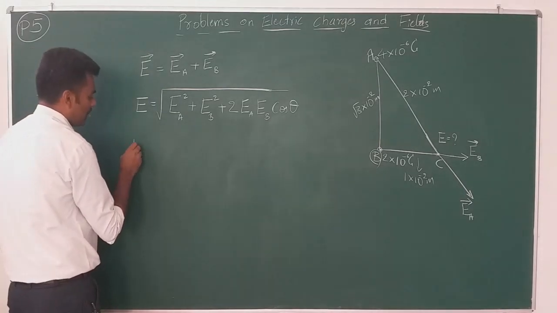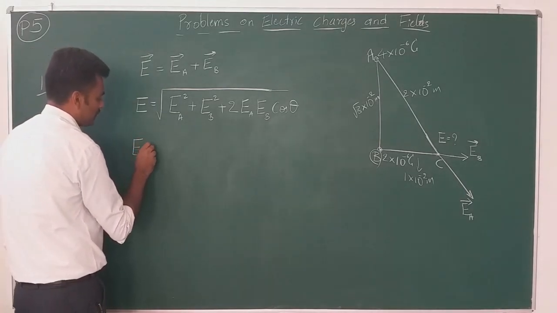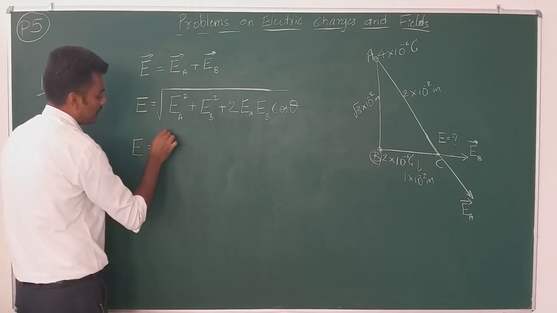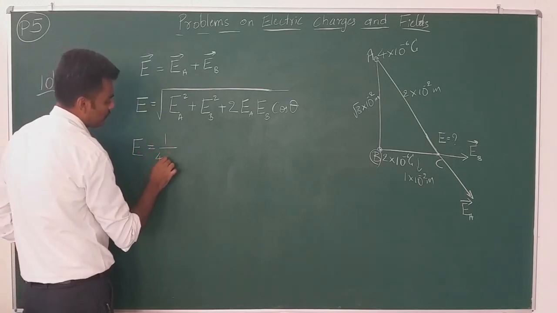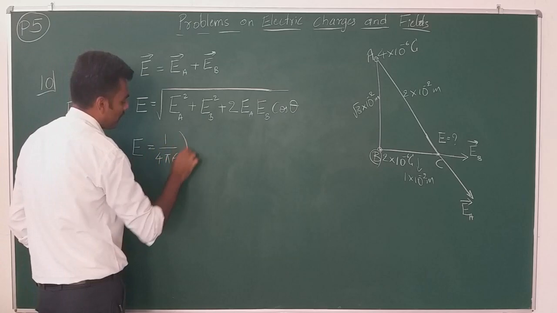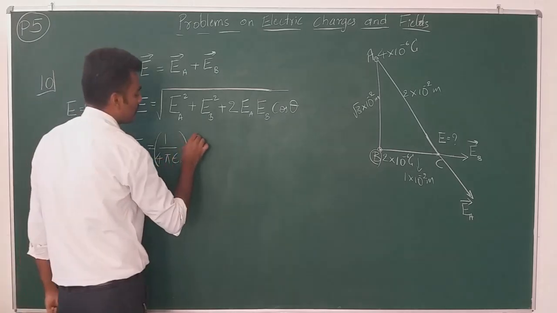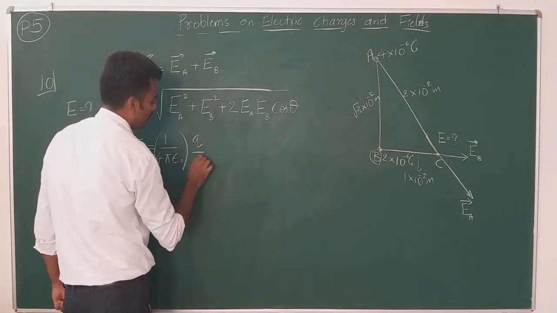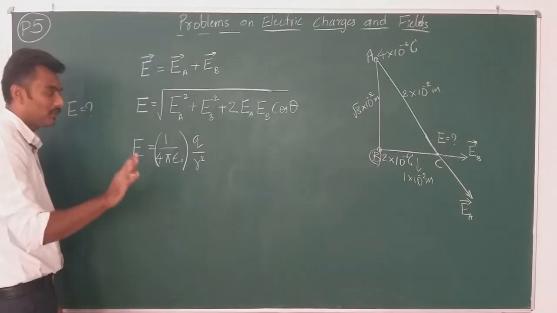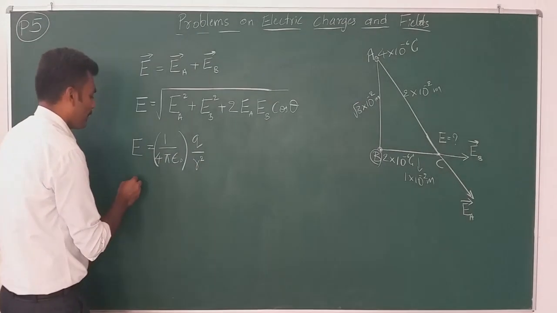First we need to write the equation of electric field. E is equal to 1 by 4 pi epsilon naught Q by R squared. This is the general equation, and you need to write it.